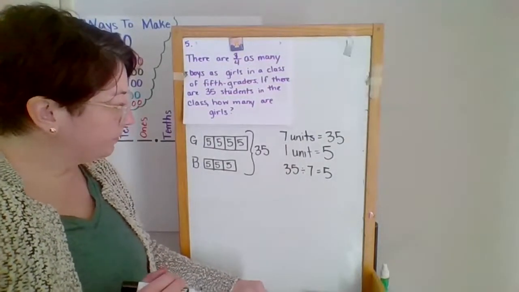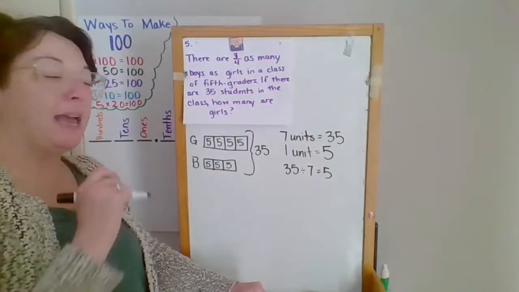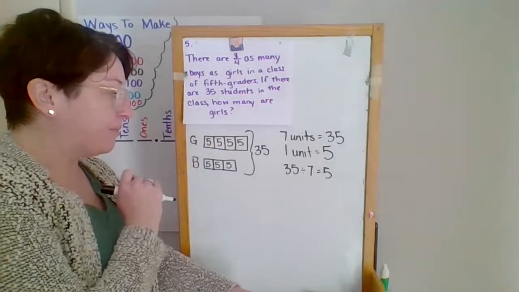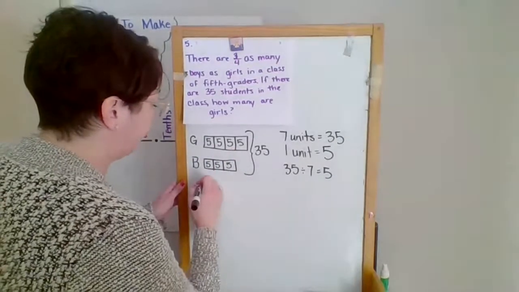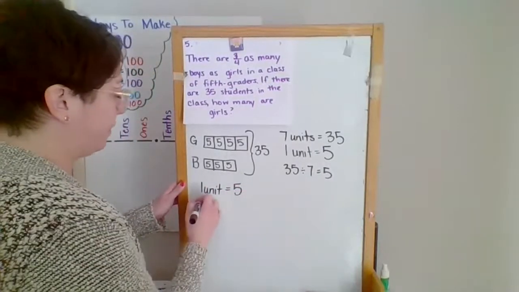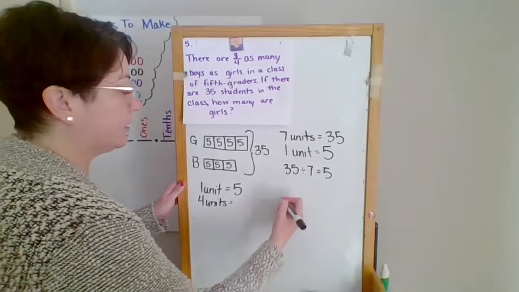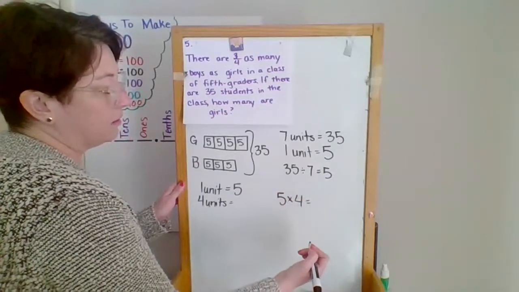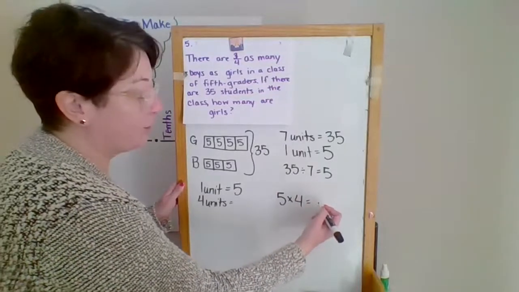So let's revisit the question. If there are 35 students in the class, how many are girls? So let's look back at the girls diagram here. I have 4 units and each one is worth 5. So if 1 unit equals 5, then the 4 units I have equal, well, let's figure it out. 5 times 4 equals 20.